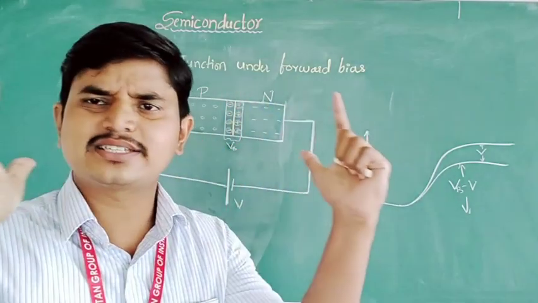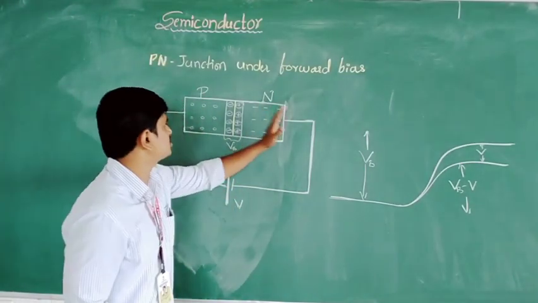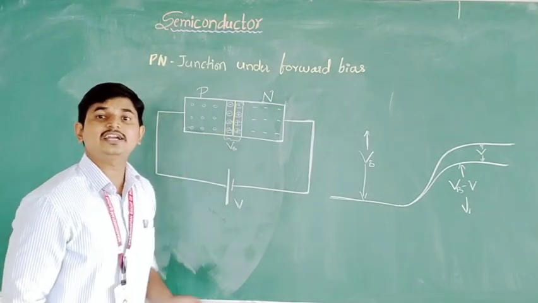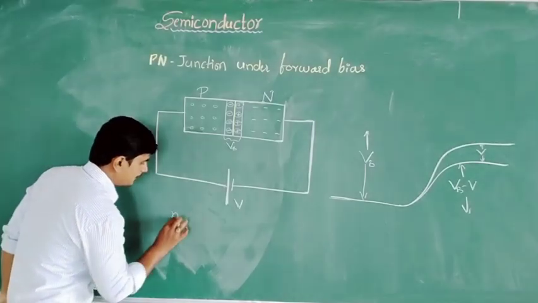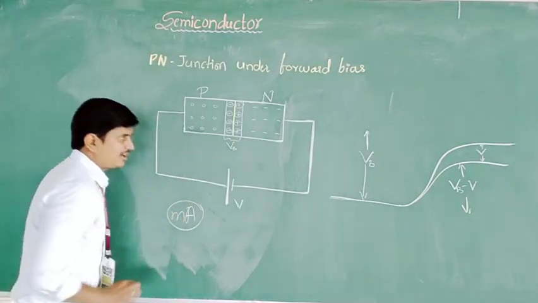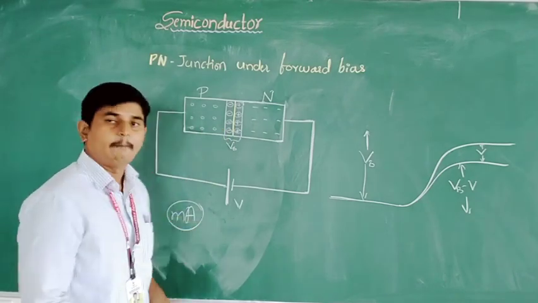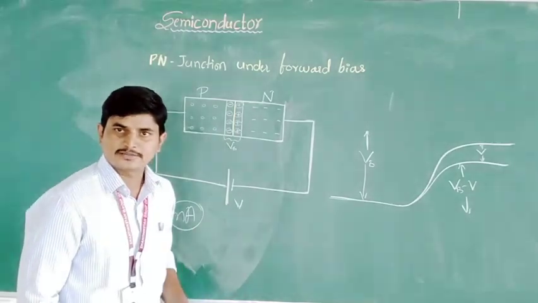Because of the decrease in the barrier, the flow of charges through this barrier increases, and that leads to an increase in the flow of current through the junction, which is in the order of milliampere. There is a maximum current flowing through this.